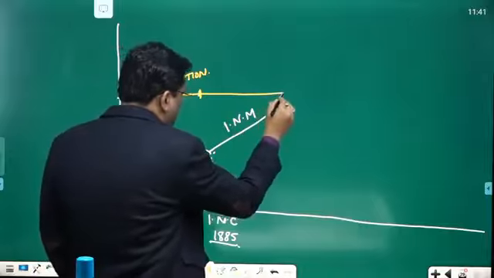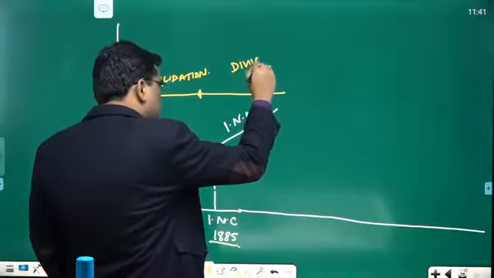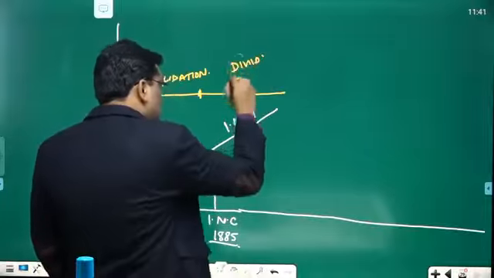So the British government also changed its policy, and this is the policy of divide and rule.